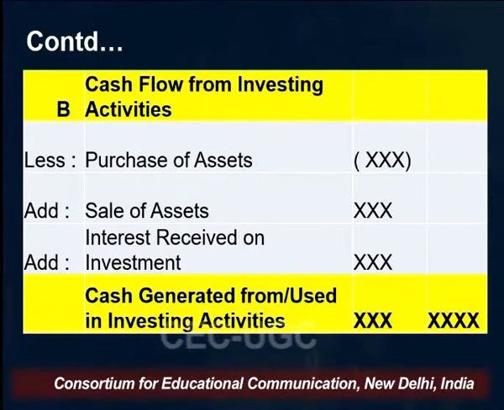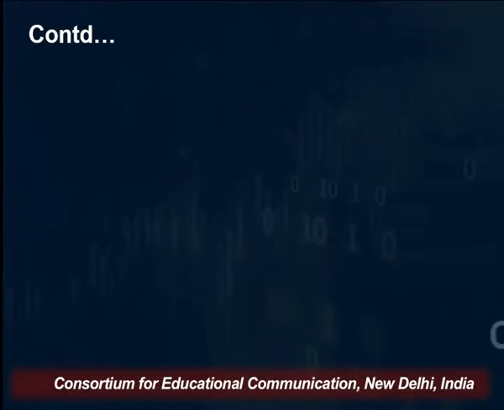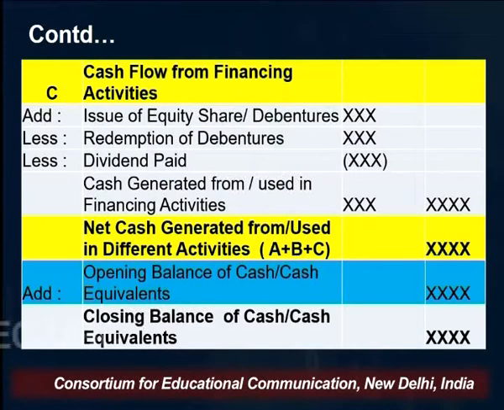After cash flow from operating activities is calculated, we move ahead to the next head, that is cash flow from investing activities, and under this activity we try to find out the cash generated from or used in investing activities, and then we move towards financing activities.